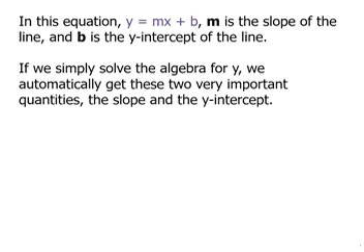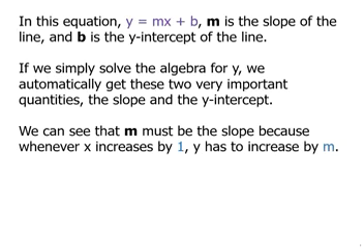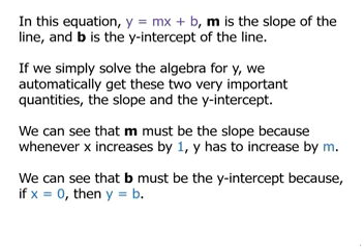If we solve the algebra for y, we automatically get these two very important quantities, the slope and the y-intercept. We can see that m must be the slope because when x increases by 1, y has to increase by m. We can see that b must be the y-intercept because if we set x equals 0, then y equals b.